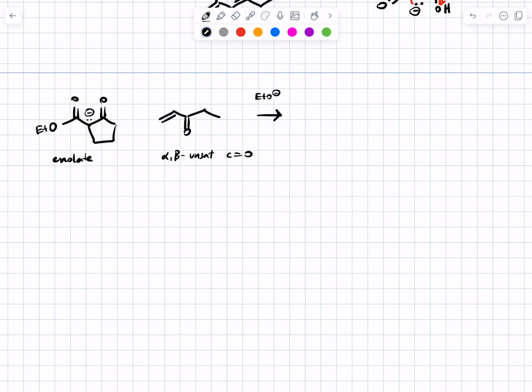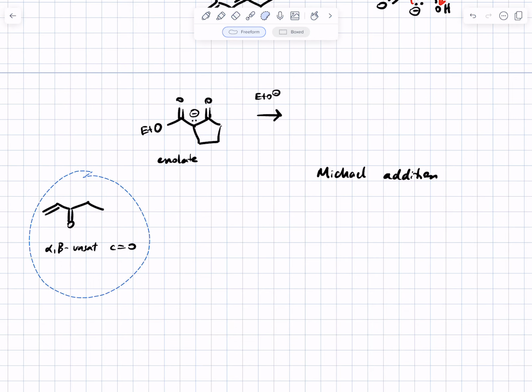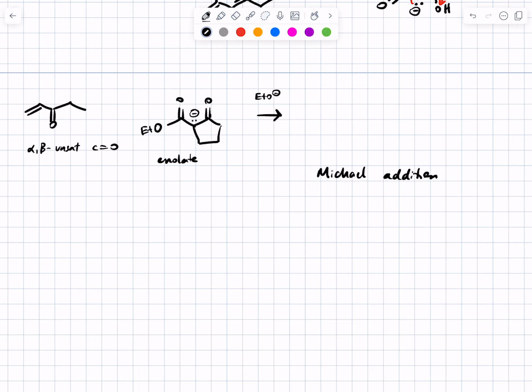So let's draw the product that would form the Michael addition product. And as I said, maybe it would help to redraw the alpha beta unsaturated carbonyl compound and the enolate in such an orientation that it looks similar to what we've seen before.